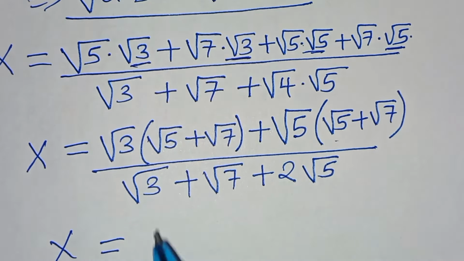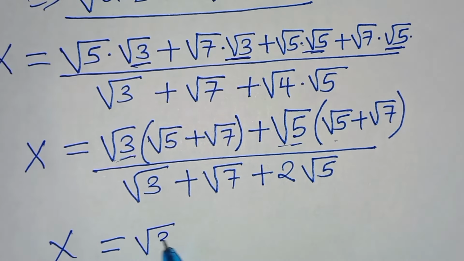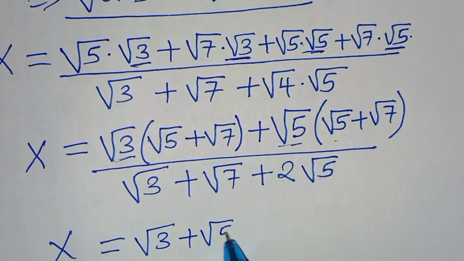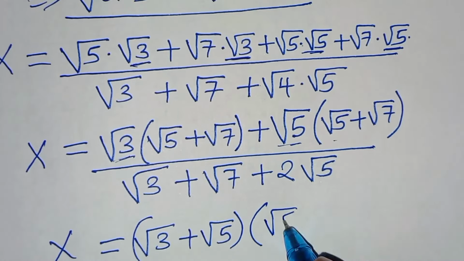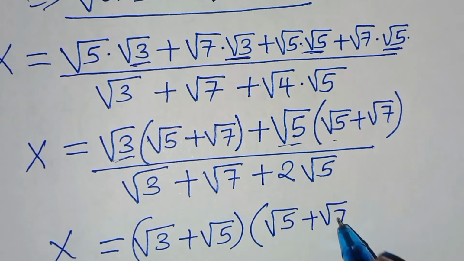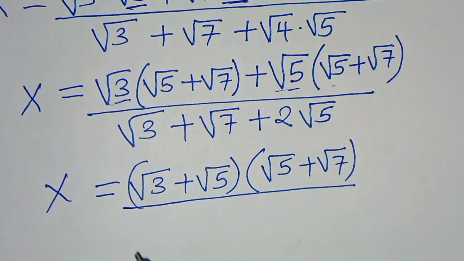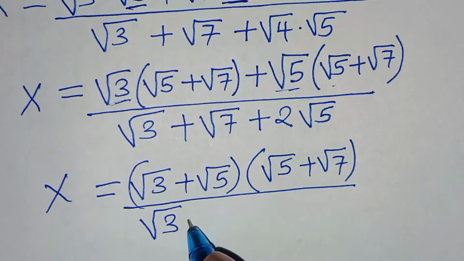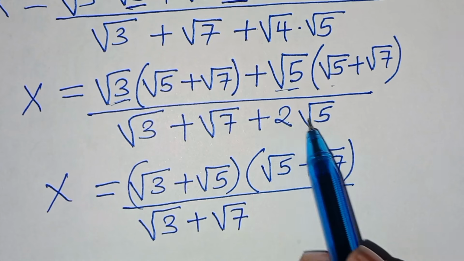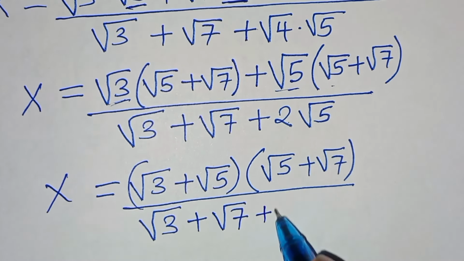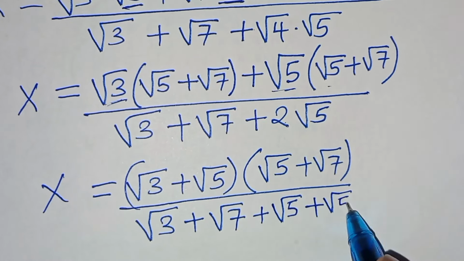So this implies that we'll have square root of 3 plus square root of 5, close the bracket, and then we'll have square root of 5 plus square root of 7, close the bracket, and then divided by square root of 3 plus square root of 7. Now we can express 2 square root of 5 as the same thing as square root of 5 plus square root of 5.